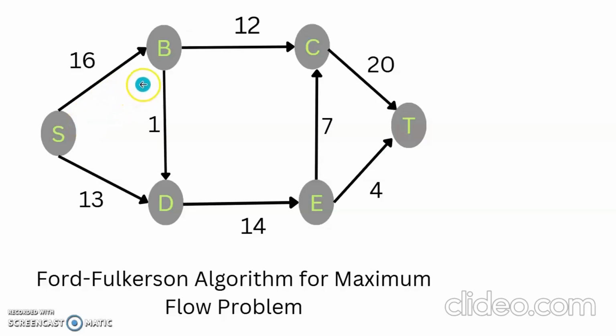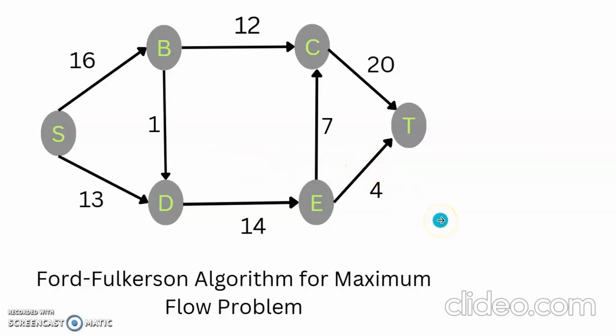Suppose you take S to B, the pipe can carry 16 liters at a time. That is the capacity of this pipe, 16 liters. Like that, B to C, the capacity of this pipe is 12 liters. S to D, the capacity of this pipe is 13 liters. You can assume these are pipes which can carry any liquid, water or oil, anything, but we want to find the maximum flow of liquid from S to T in this network.